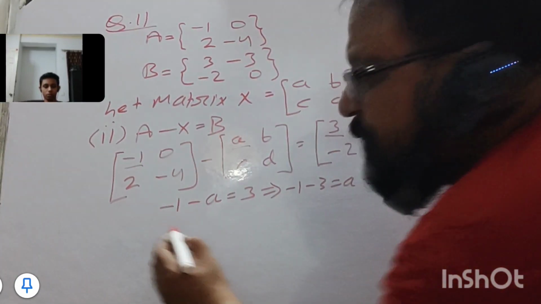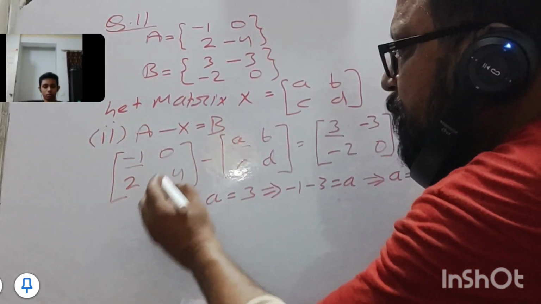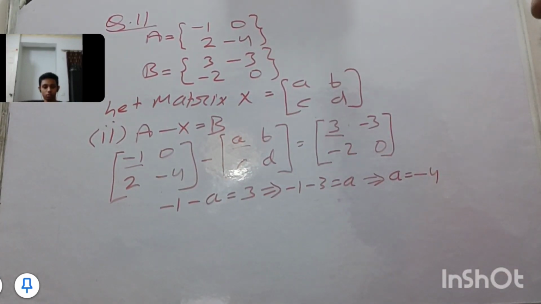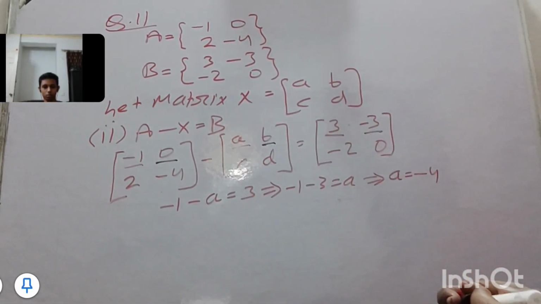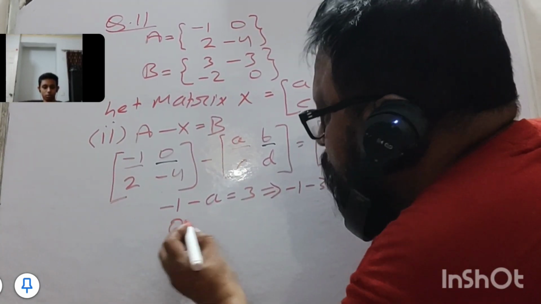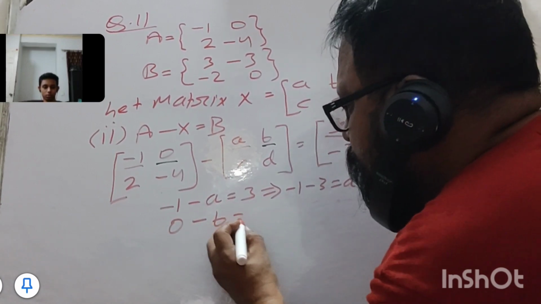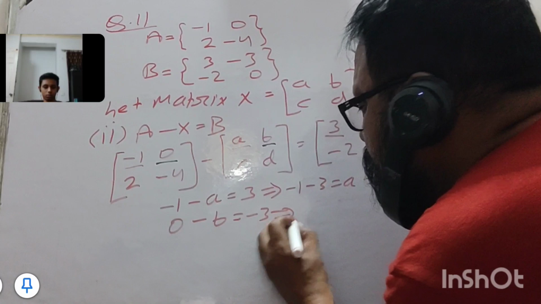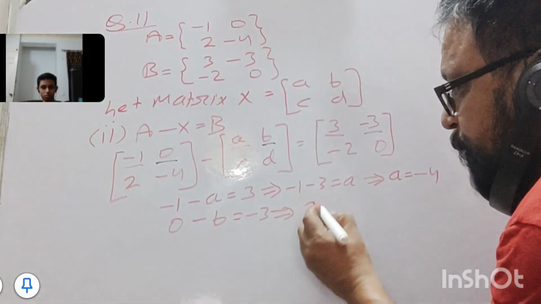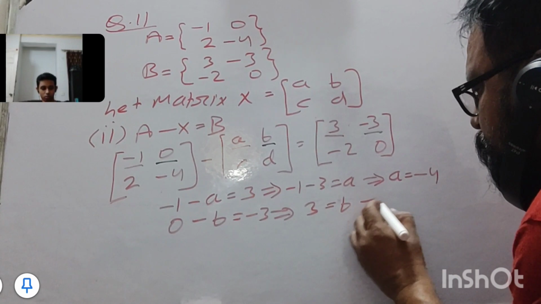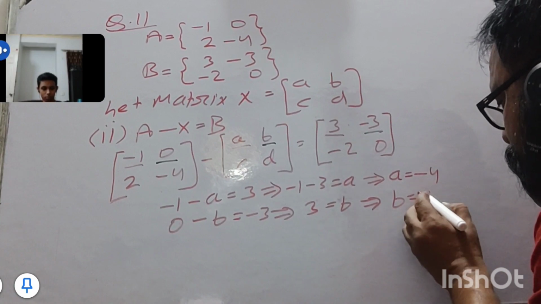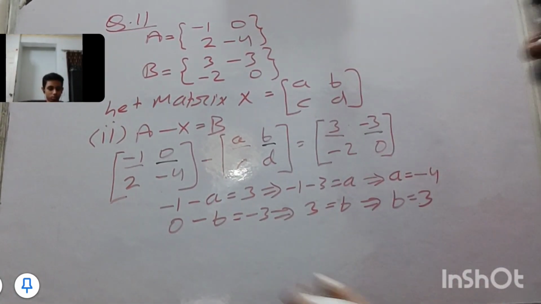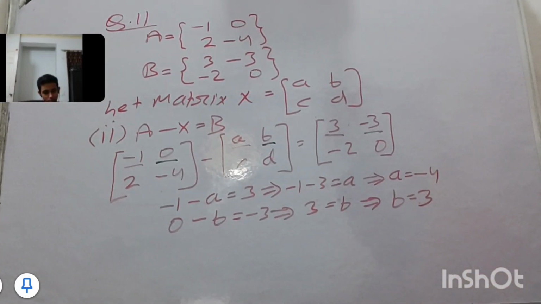Now we take b, that is 0 minus b is equal to -3, so it becomes 3 is equal to b, or we can write b is equal to 3. So a is equal to -4, b is equal to 3.